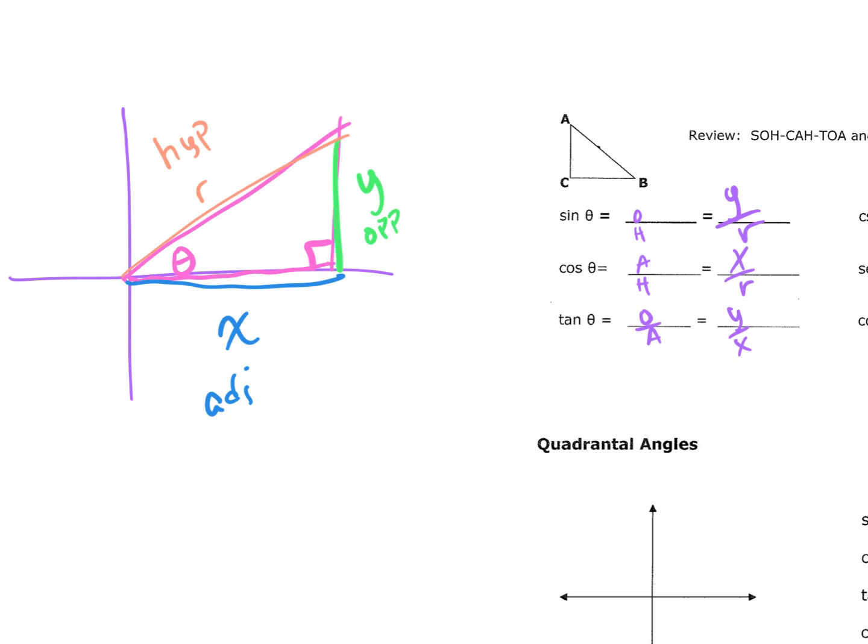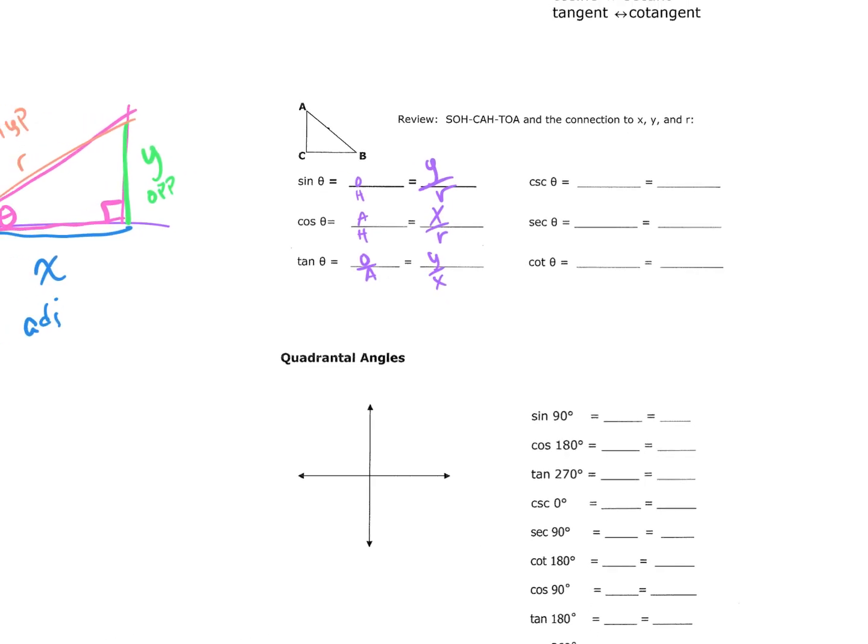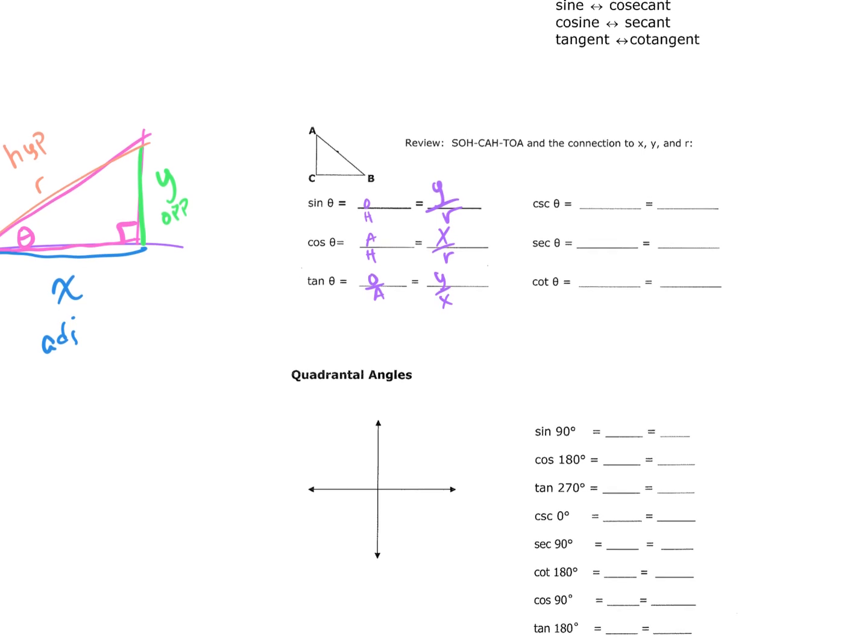Okay, and like I said, you will see application here in just a second as to why you're learning this and how we're going to use it. I do not have memorized what the ratio is for cosecant. I think about what the sine ratio is, which I know is y over r, and then I just flip it. So for my cosecant, I know it's going to be the flip of whatever my sine is.